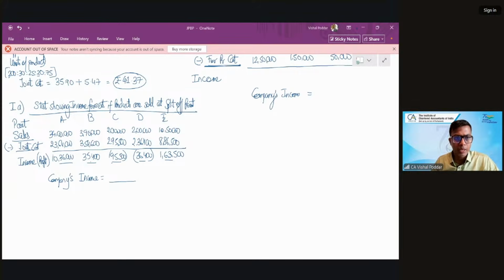Now everybody can calculate the figures of profit, students. Okay. Ashlesha has also given me company's profit. That is 11 lakhs 3,000, which is the total of all this. And there are two losses, so obviously that will be subtracted. Correct. Perfect.